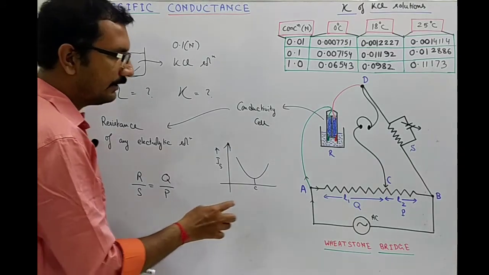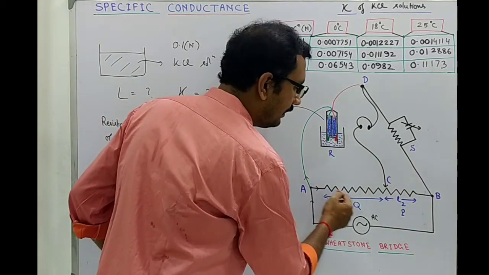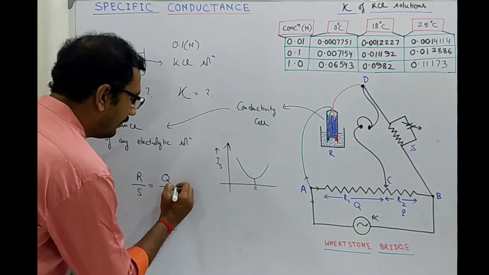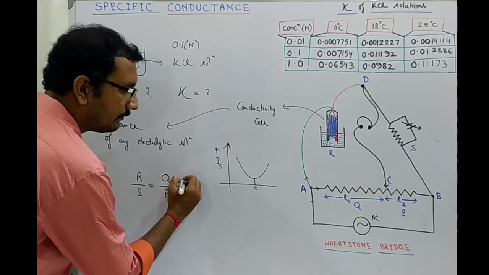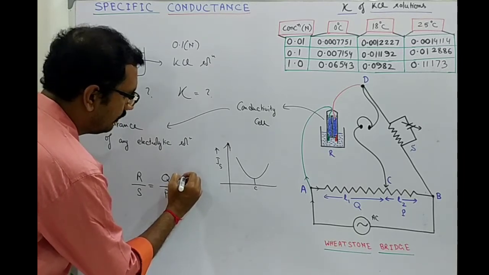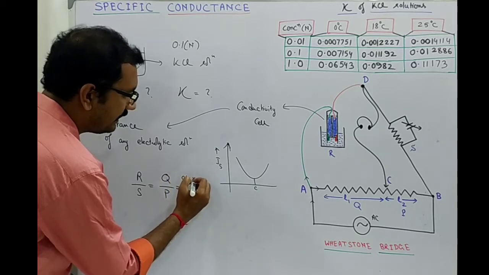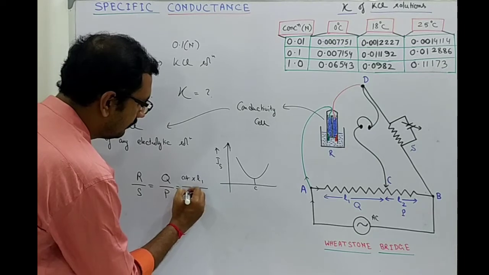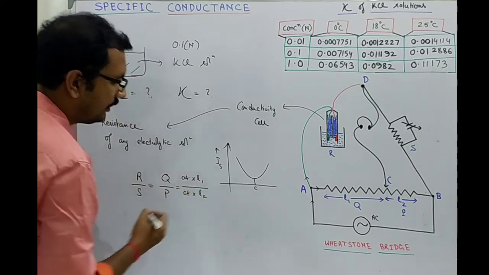Now, see, since this wire has uniform resistance throughout, we can write here constant into L1 and here constant into L2.